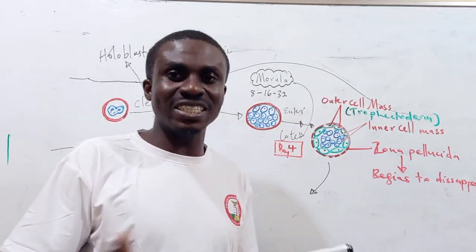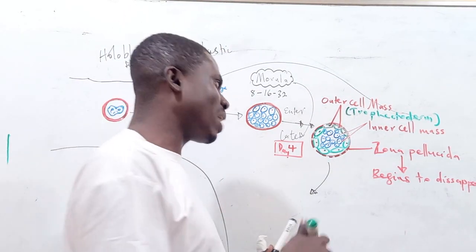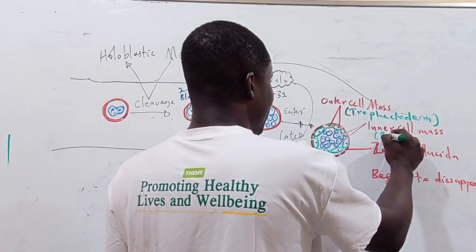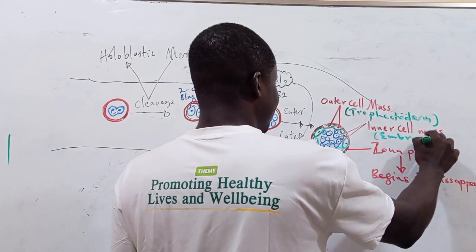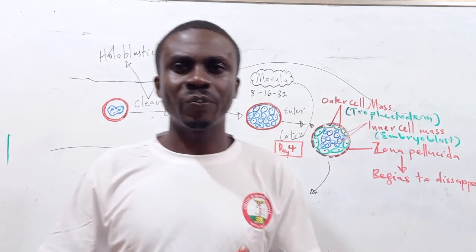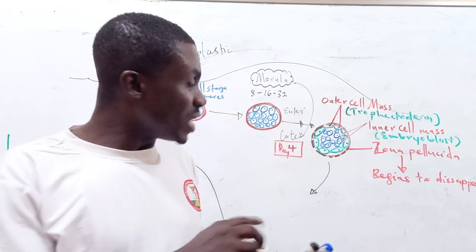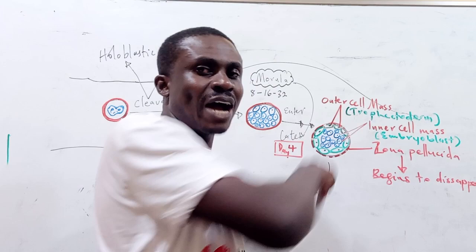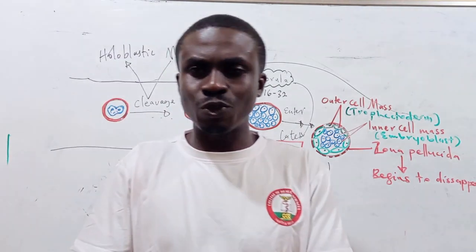Then there is the inner cell mass, which I told you will become the embryo proper, the embryoblast. We'll be seeing these things. Actually, I am interested in the cells of the outer cell mass, the trophectoderm.